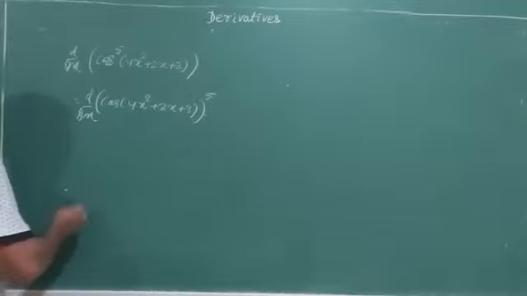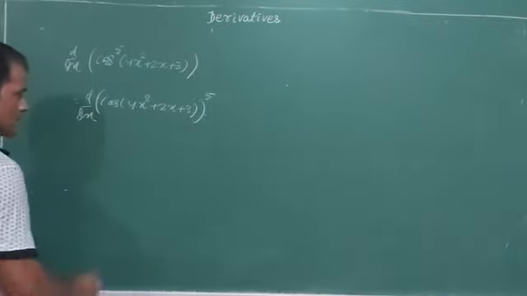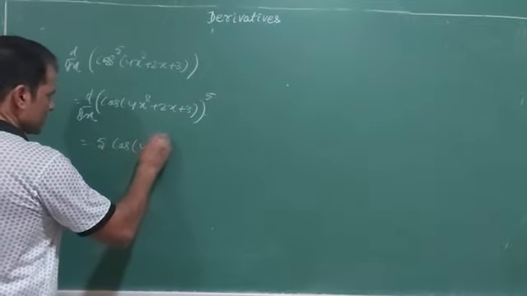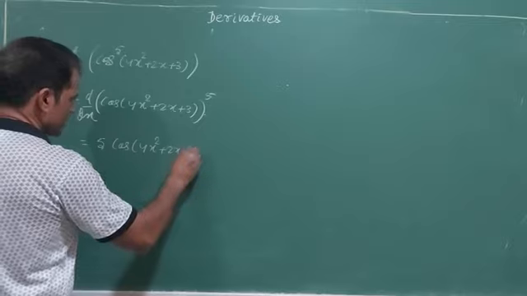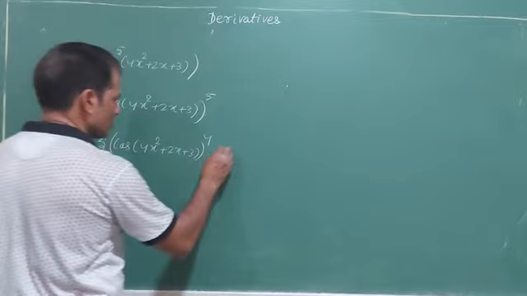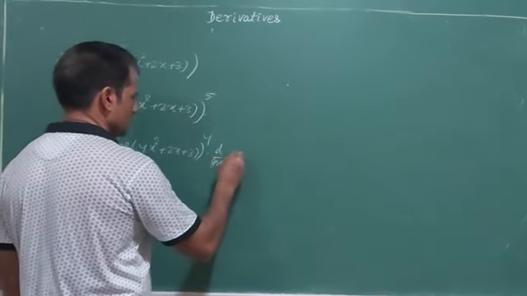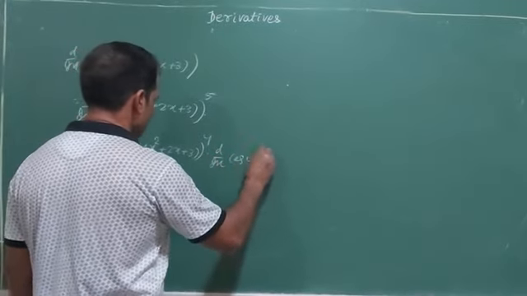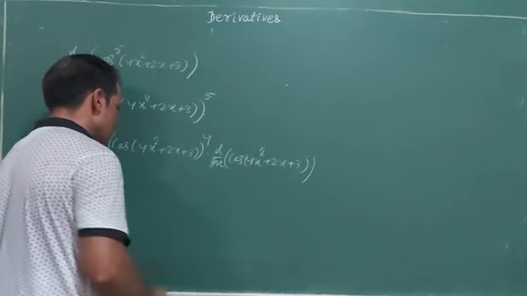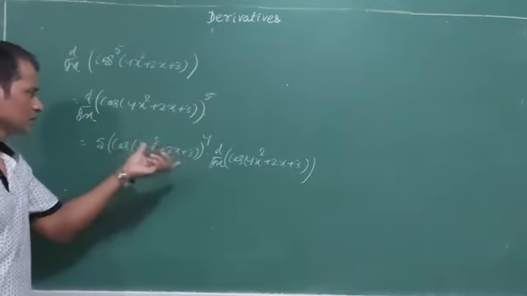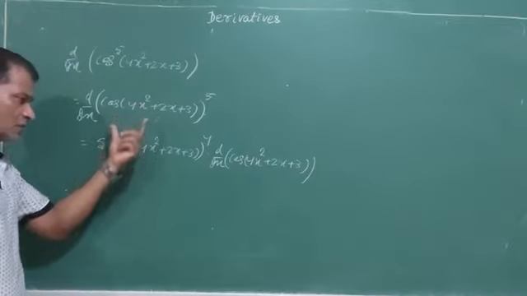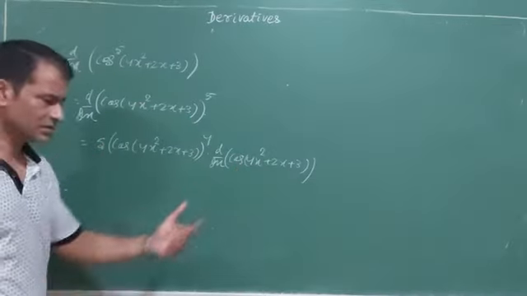And put this as x to the power n. 5 cos 4x square plus 2x plus 3 whole to the power 4 into dy dx of cos 4x square plus 2x plus 3. You see, I did the derivative of the power here, then this is treated as x. But as it is not x, again go for the chain rule, the derivative of that particular part.